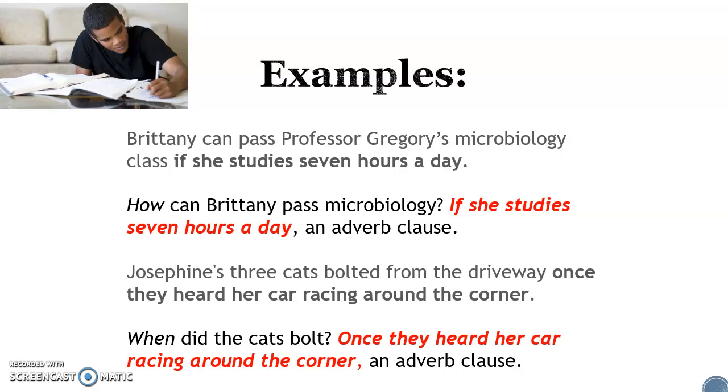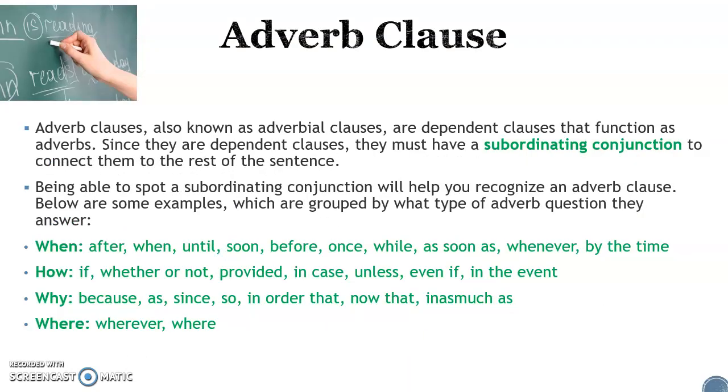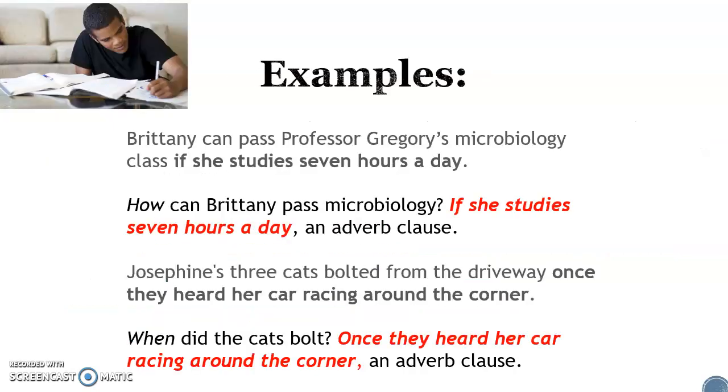Once they heard her car racing around the corner is an adverb clause. So remember, you are answering those questions with adverb clauses of when, how, why, and where. So we know that if she studies 7 hours a day is the adverb clause because it answers that question of how. And we know once they heard her car racing around the corner is the adverb clause because it answers when the cats bolted.